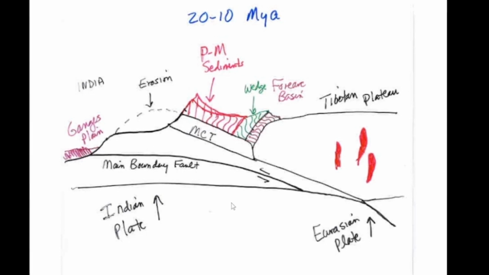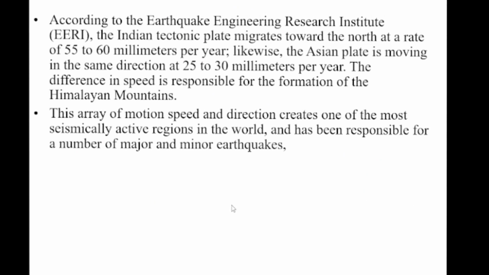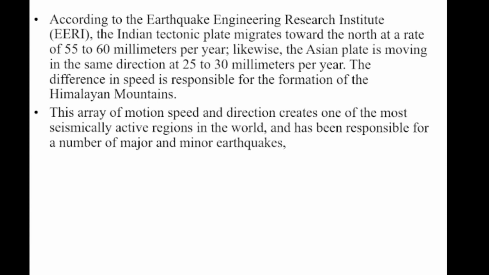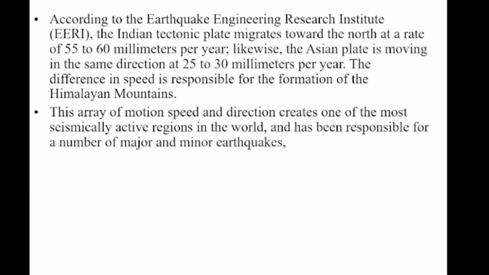Then what the process actually is, what the published data tell us, and what they cover yet, according to the Earthquake Engineering Research Institute, EERI: the Indian tectonic plate migrates toward the north, which is discussed several times, at a rate of 55 to 60 millimeters per year.